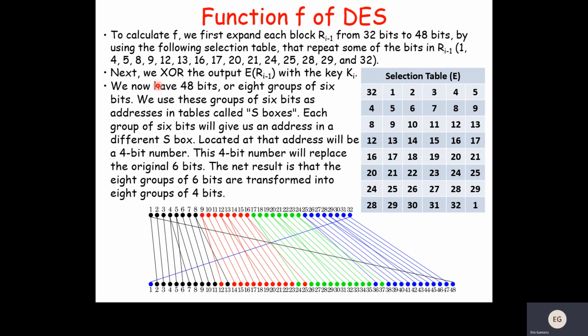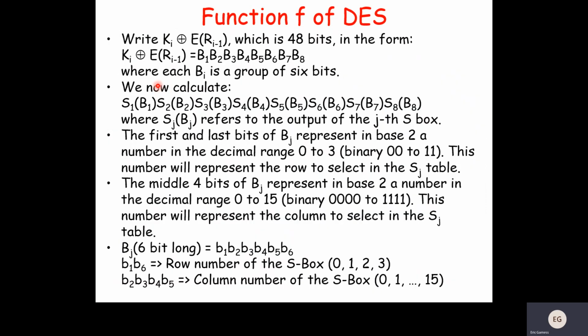Each S table has 4 rows and 16 columns. So we need a way to select a row and a way to select a column. The intersection of a row and a column will give us one element. And we will replace a block of 6 bits with a block of 4 bits, as we will see. So let me go there to explain a little more.